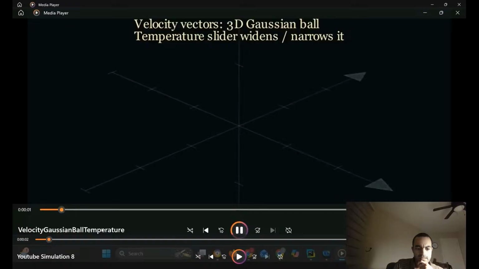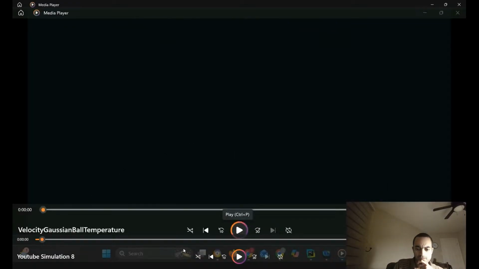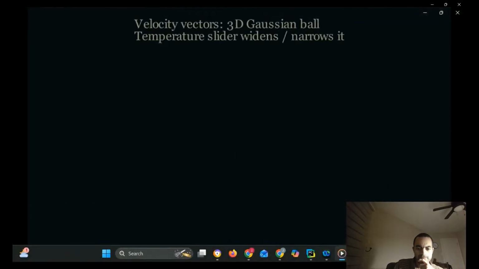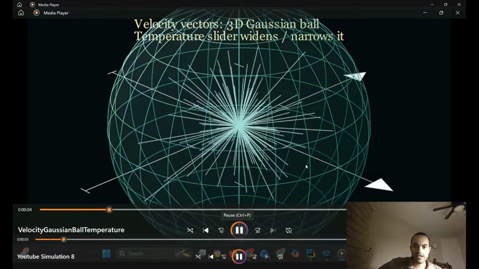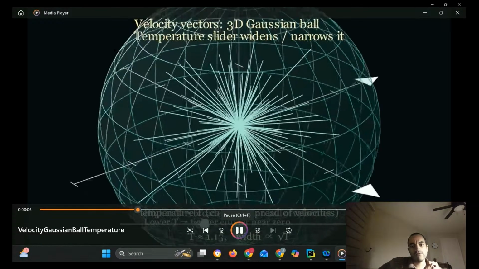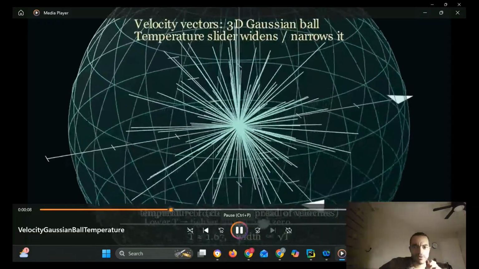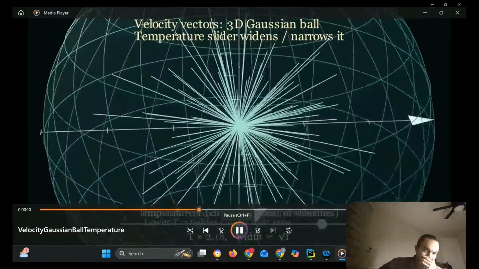I'm going to share the screen. Go to Window, Media Player. So we're going to be looking at another mathematical model simulation that I made. Here we have velocity vectors of a 3-dimensional Gaussian ball.